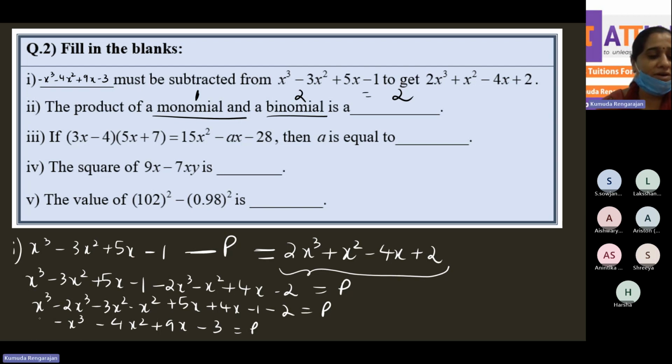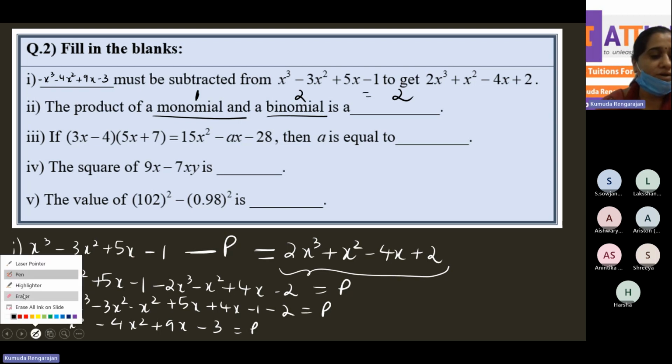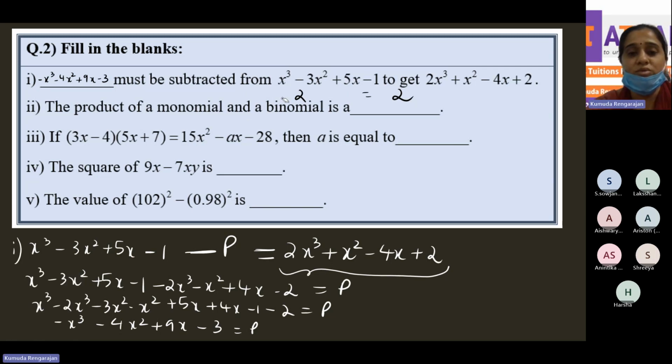Now, supposing you find the product of a trinomial and a trinomial. What's the answer then?